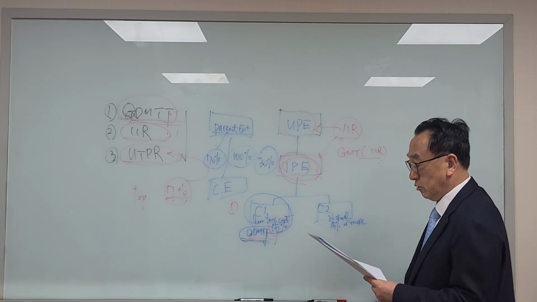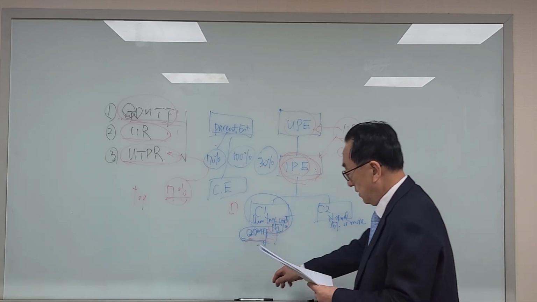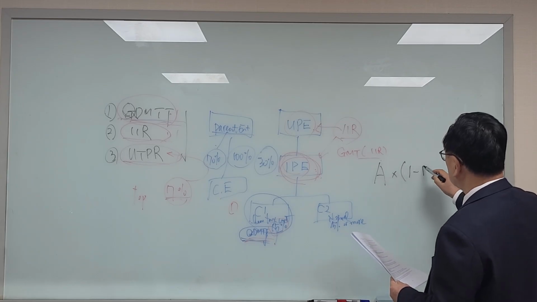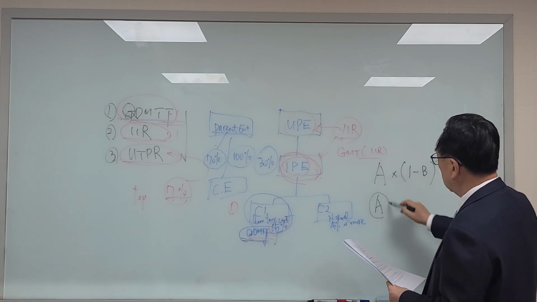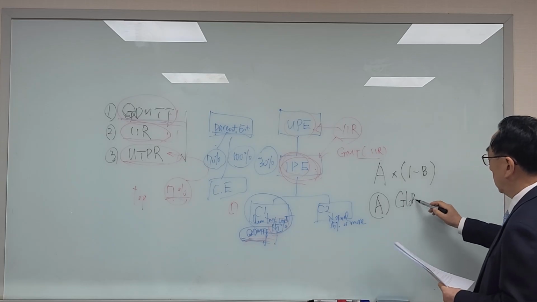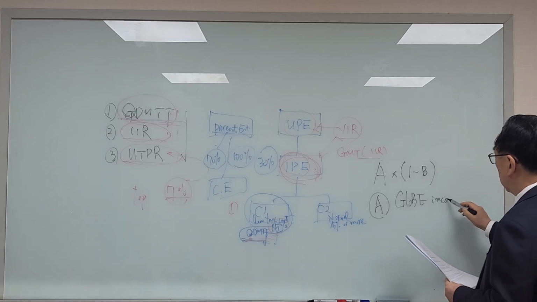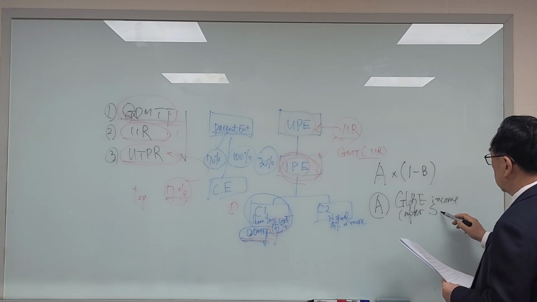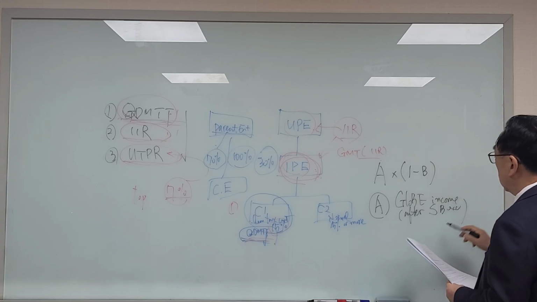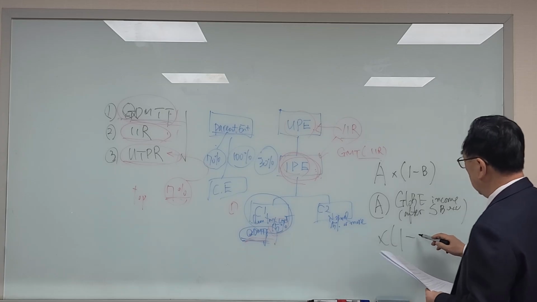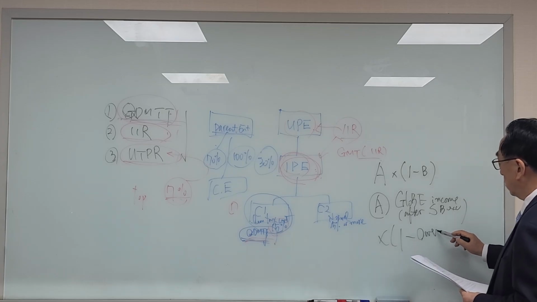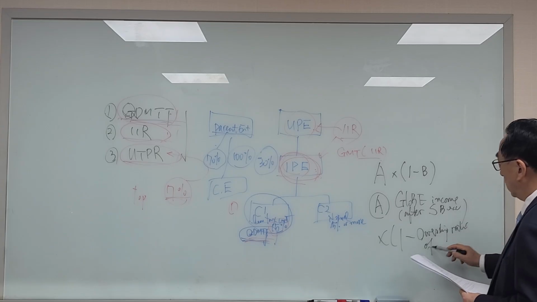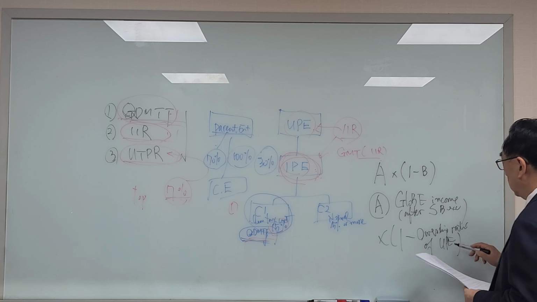So the top-up tax allocated to the parent entity is A multiplied by 1 minus B. A equals GloBE income after substance-based exclusion, multiplied by 1 minus the ownership ratio.